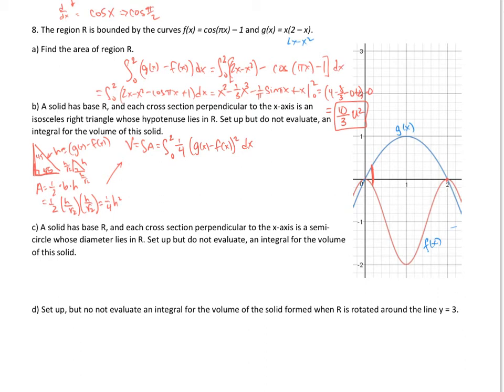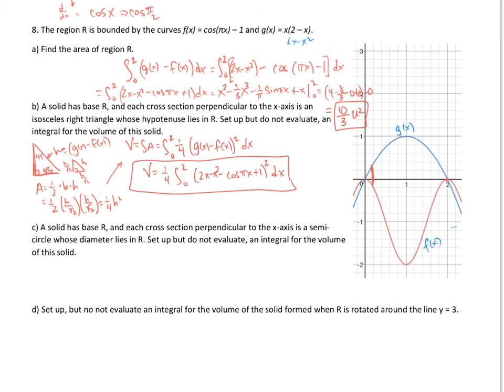Now it says do not solve for this, but let's just clean it up a little bit so it looks a little cleaner. So we're going to say the volume is going to be 1/4, the integral from 0 to 2, and then we could put in our equations here if we want. This will be 2x minus x squared minus the cosine pi x plus 1 dx. This would be squared. So that is our volume for this cross-sectional region.